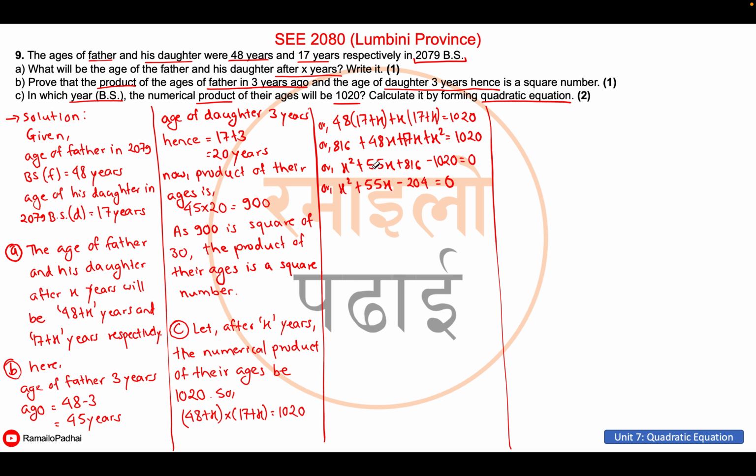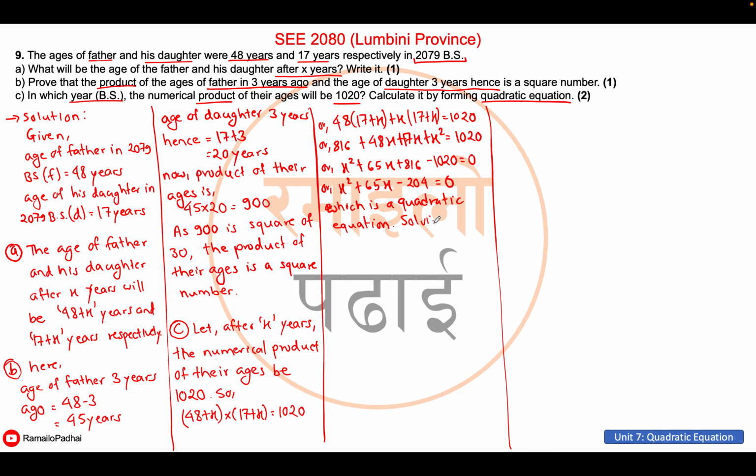So 17 plus 48 is equals to 65, so 65x. Okay, let's do 68 times 3 is equals to 204. Okay, we got that. So we will first write this is a quadratic equation.